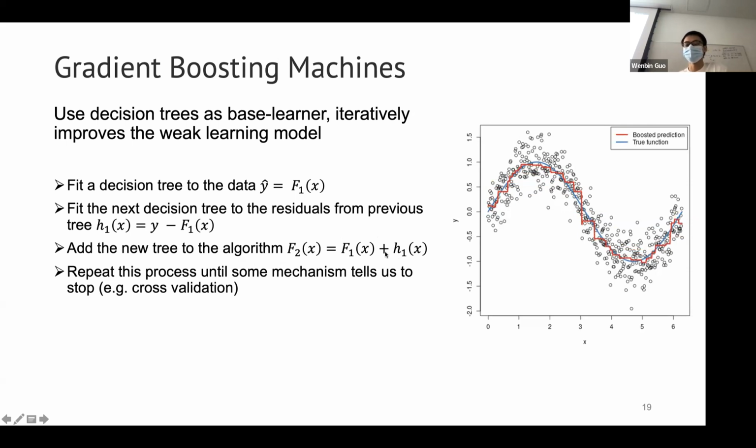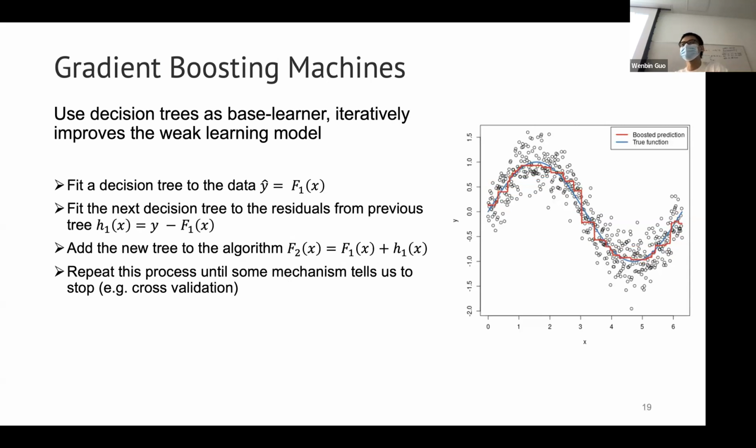Sometimes we also want a learning rate or decay, but in general, it's a combination of the first decision tree and this newly learned decision tree. Then we can repeat this whole process until some mechanism tells us to stop.